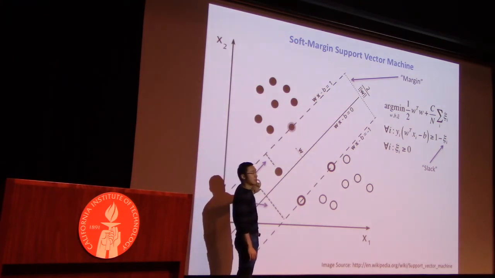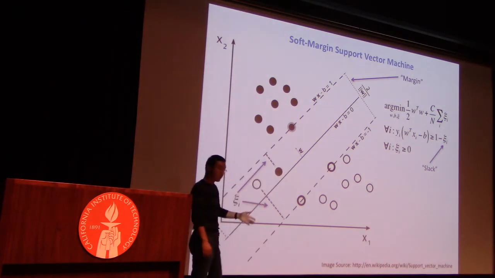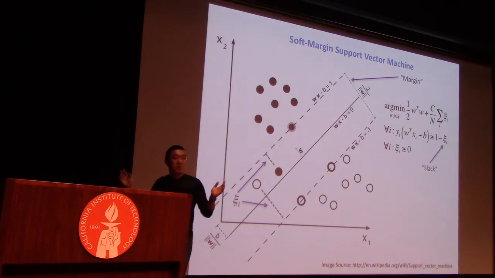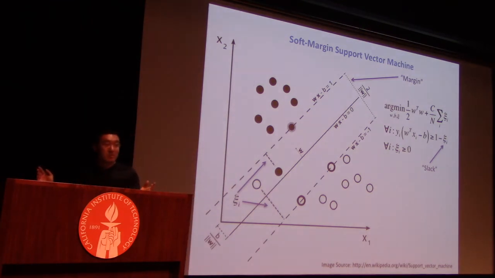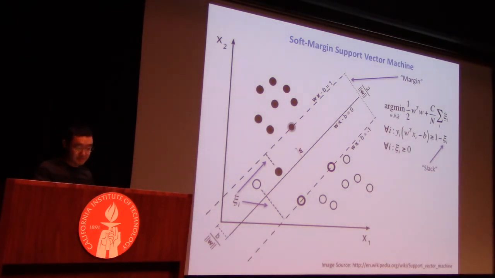If we set C very small, then we almost don't care about margin violations at all. And so this is the full formulation of the support vector machine in the non-separable case. Right? Size of margin versus size of margin violations.